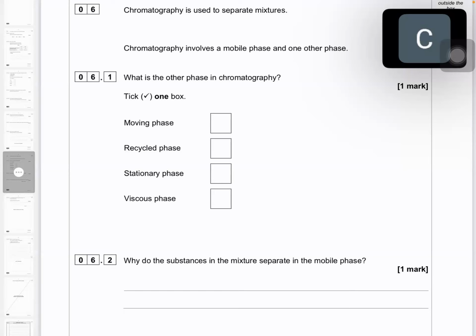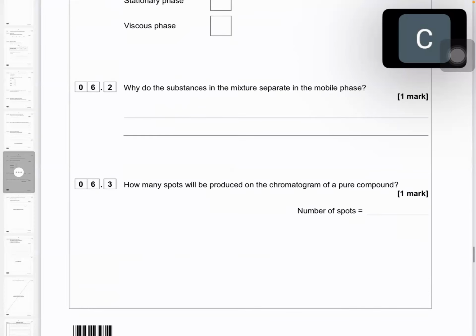Okay, what does the next question say now? Can you scroll down?